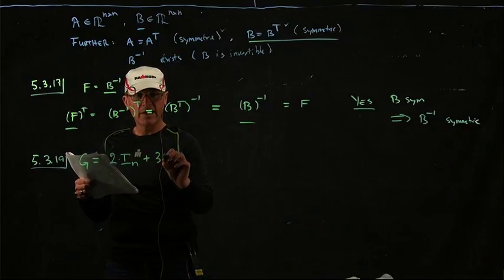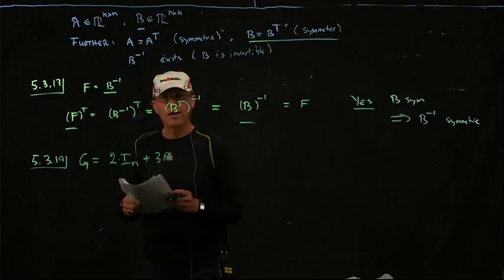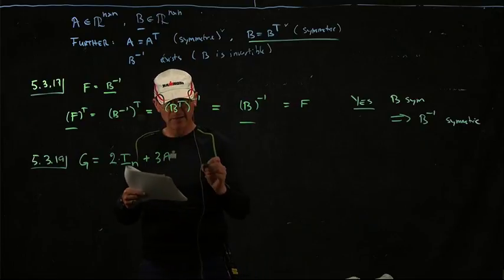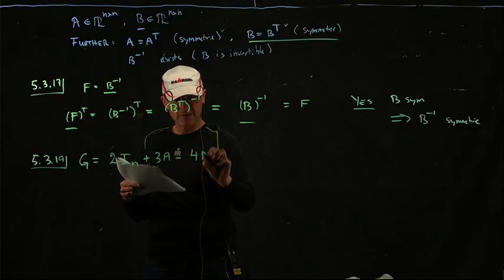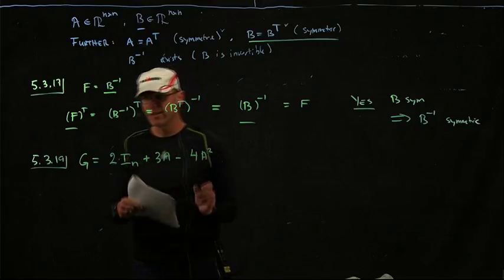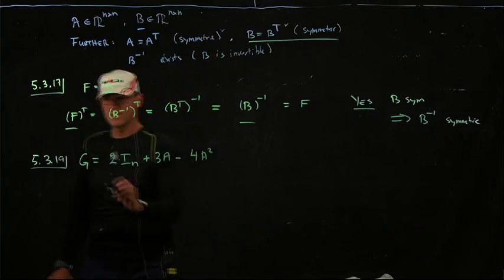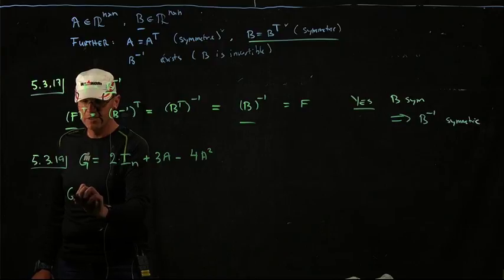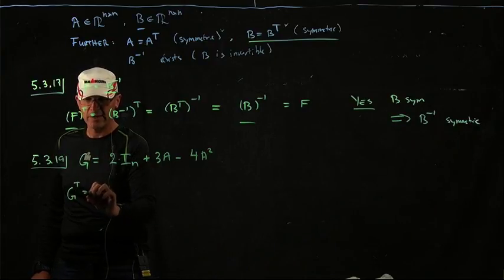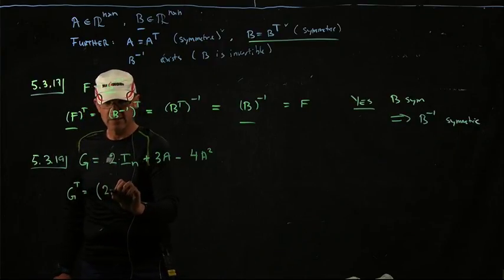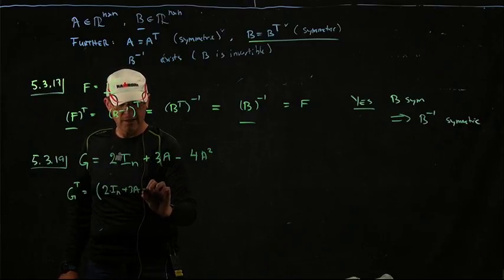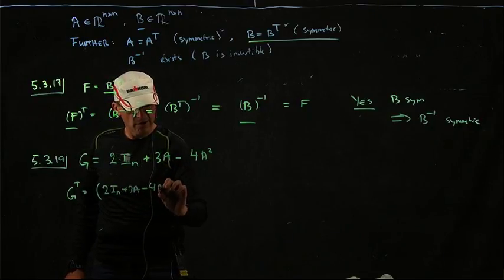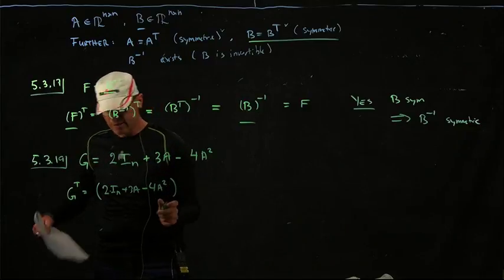To that we add 3 times A, and we subtract 4 times A squared. And the question is, is G symmetric? So write out what G transpose is. It's 2 times identity plus 3A minus 4A squared.